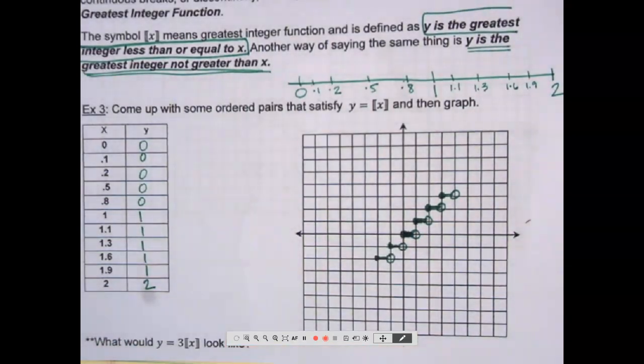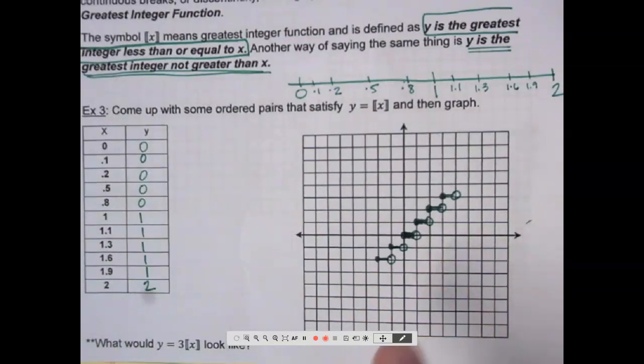But as soon as you cross that 1 hour threshold, then your charge became higher. And anything between 1 hour and 2 hours was this fee. But 2 hours now goes up to a higher fee, anything between 2 and 3. So something like that nature might actually be modeled by a step function.